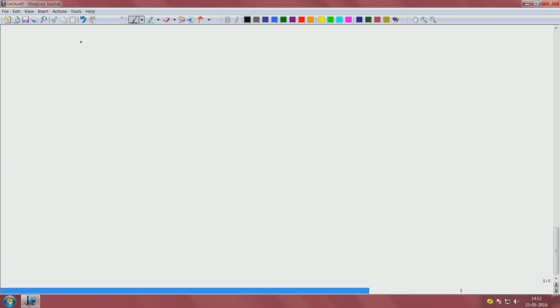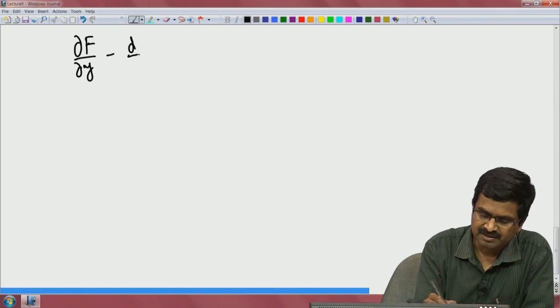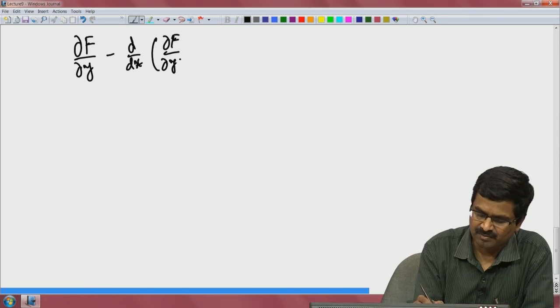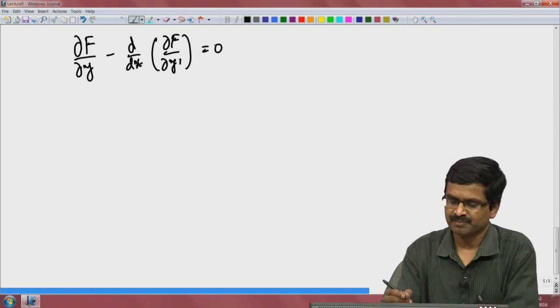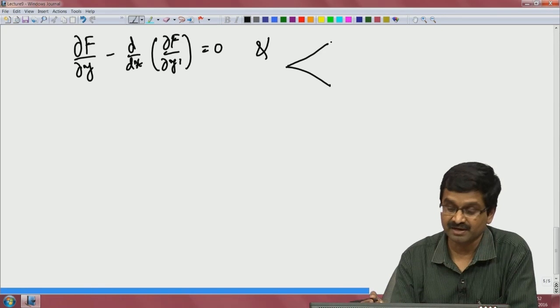We have the differential equation, dou f by dou y minus d by dx of dou f by dou y prime equal to 0, and the boundary condition has two possibilities, at both x1 and x2.